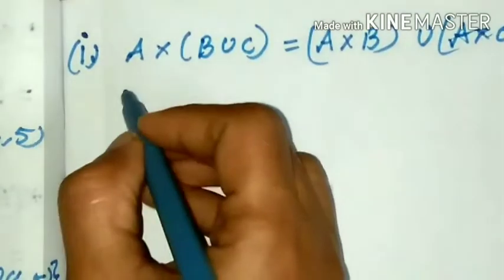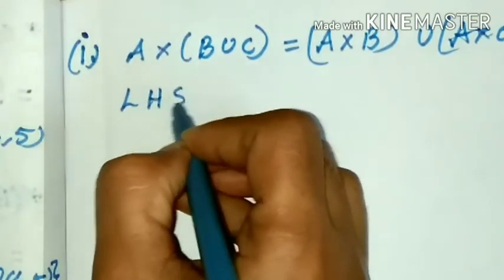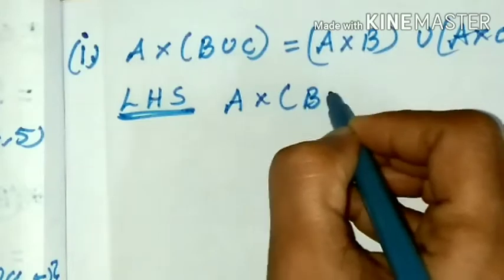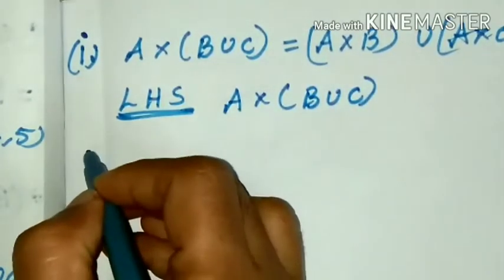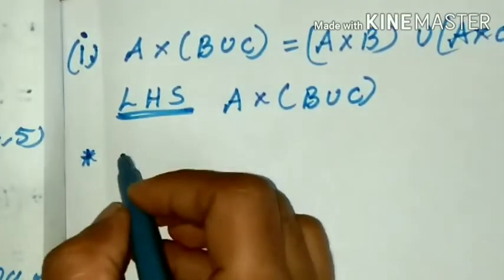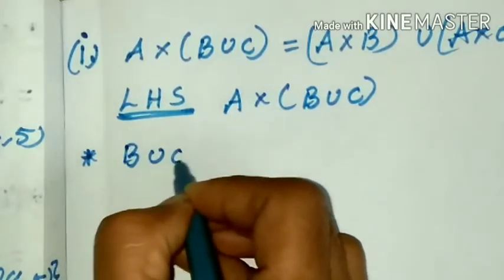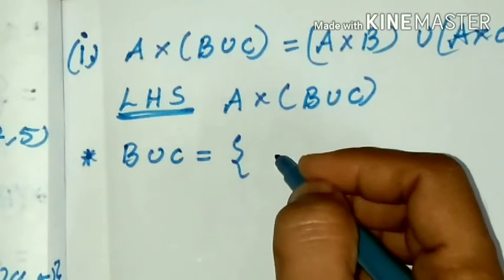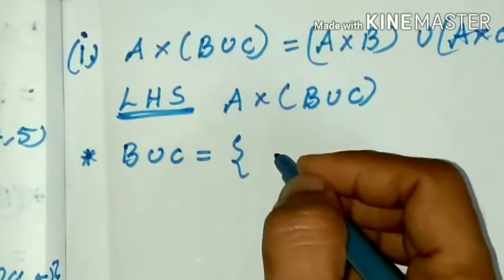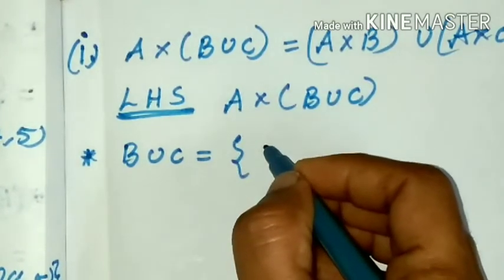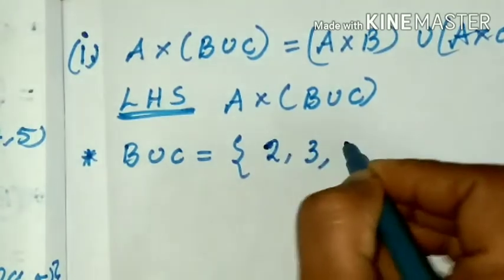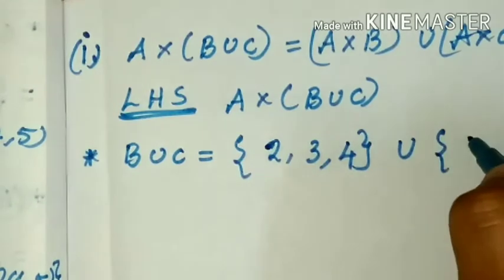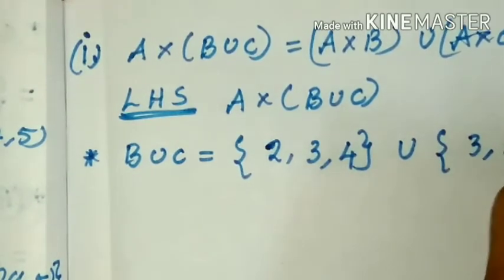In this property, first you take LHS, left hand side, A cross (B union C). First step, you do the bracket term, that is B union C, which is the union of B and C: set B {2, 3, 4} union {3, 5}.